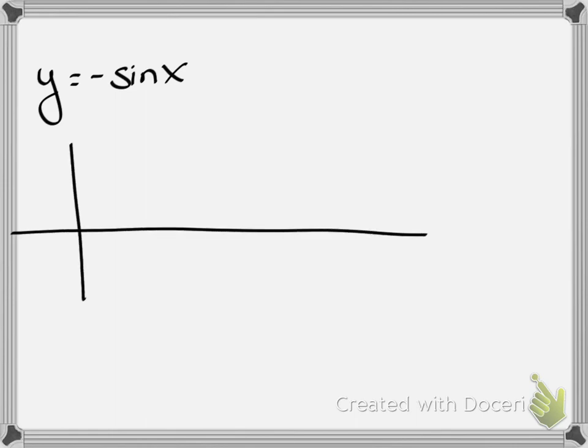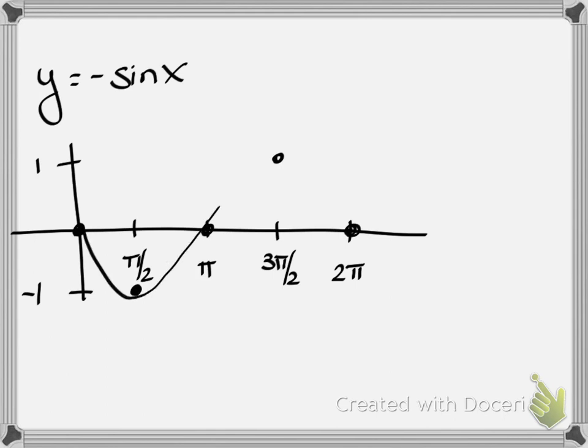Same for sine. So sine normally starts at 0, hits its height, 0, hits the low part, and ends at 0. Well, this time, sine's going to start at 0 and go down. It's going to go opposite. So that's what the negative sine x looks like.